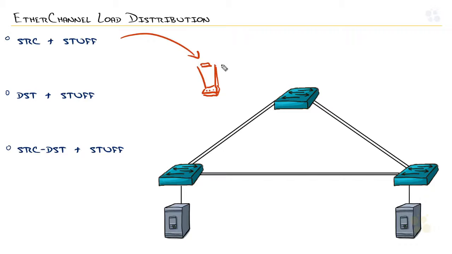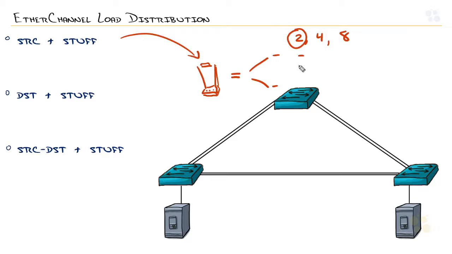So they came up with this formula that says, okay, we're going to put some stuff into a blender and it's going to spit out a value. And based on the algorithm, remember I said with EtherChannel, you've got 2, 4, or 8 links that you'll bundle together. So it's going to take some stuff, put it into a blender, and then the results of that blender will tell, let's just say it's a two link EtherChannel, it'll tell you which one of those links you're going to end up on.